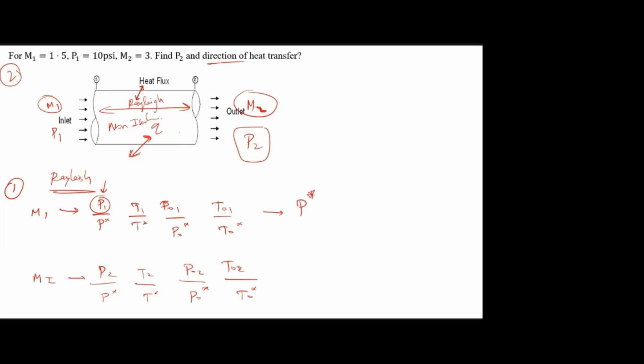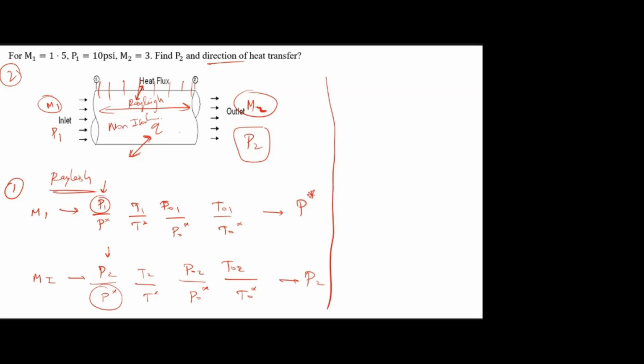For Rayleigh flow, any station can be compared to the star, and the star will be constant throughout the duct. So once I know P star, I can substitute in this ratio and find P2. Is that clear? Yes, sir.